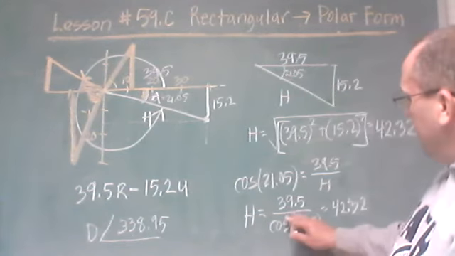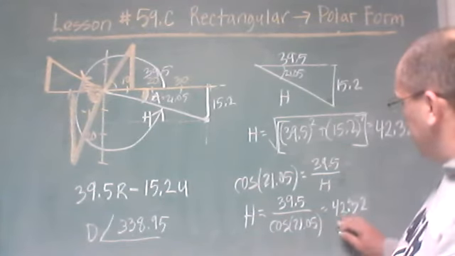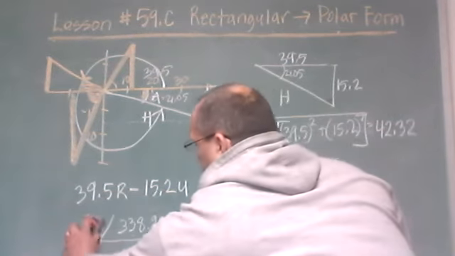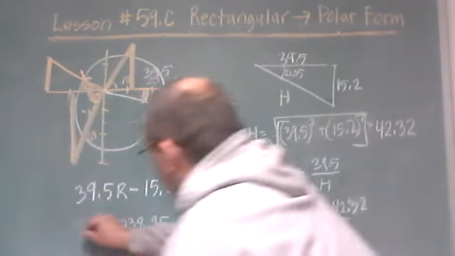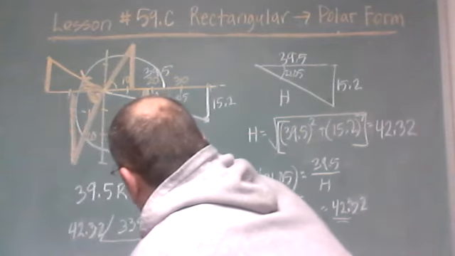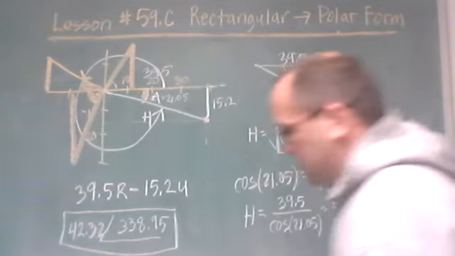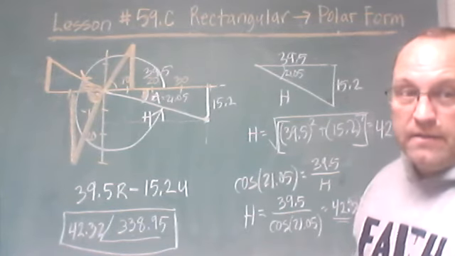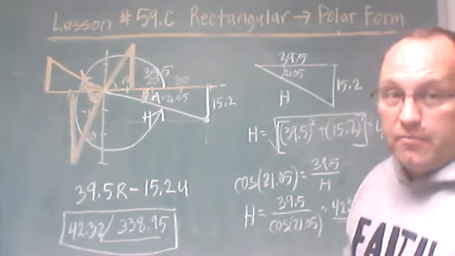But what I noticed is, what is this? This is my distance. It's my hypotenuse distance. That is the distance over here. I'm going to put in 42.32. That is my answer for that problem. When I put it in this way, I only had 5 or 6 calculator buttons to hit.